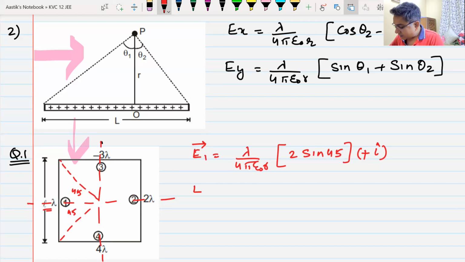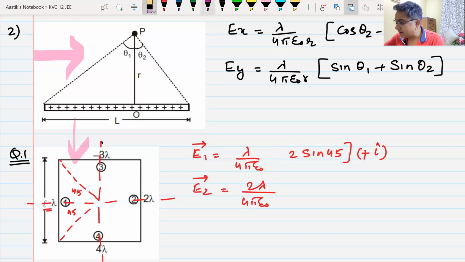Now, if I find the electric field due to the second one, it will be 2 lambda by 4 pi epsilon naught. Remember, this r is the distance between the point and the line, and this r here will be equal to a by 2, the length divided by 2. Do we understand this?